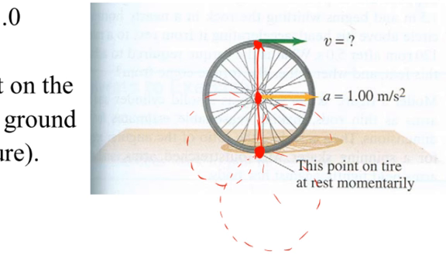The acceleration that I know, the linear acceleration of 1 meter per second squared, is happening at the middle of this radius vector, and the point that I'm interested in is at the edge of this radius vector here.